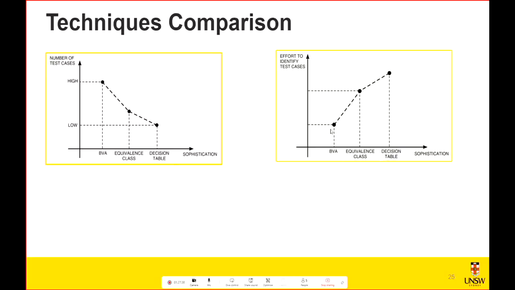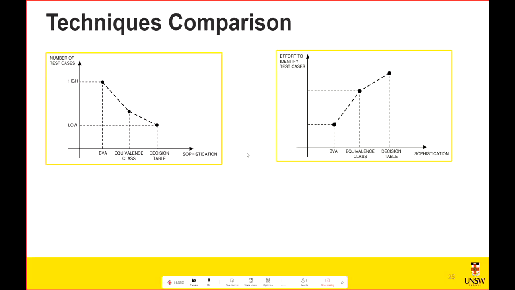And for the effort in identifying test cases, of course, boundary value is considered to be the simplest one, and decision table is considered to be the one that requires the most effort, because we need to draw the decision table, and we may need to refine the design of the table step by step.